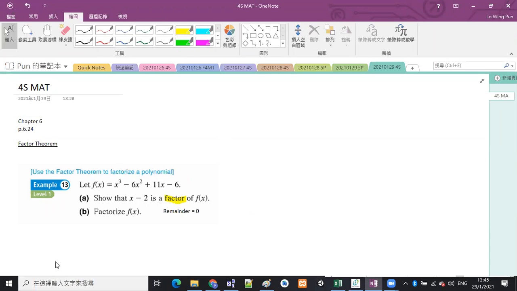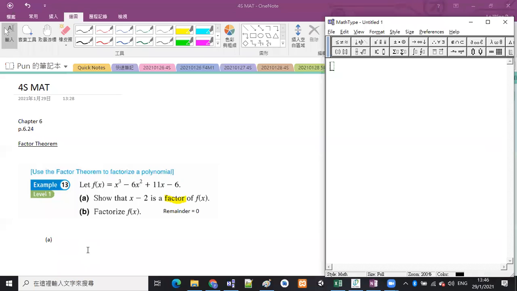So in part A, when f(x) is divided by x minus 2, the remainder should be equal to 0. We need to show that the remainder is equal to 0, so we just start from calculating the remainder. The remainder is calculated by f(number). Because the divisor is x minus 2 now, the number should be just 2. Then we have the formula of f(x), so we can calculate f(2) is 2 cubed minus 6 times 2 squared plus 11 times 2 minus 6.